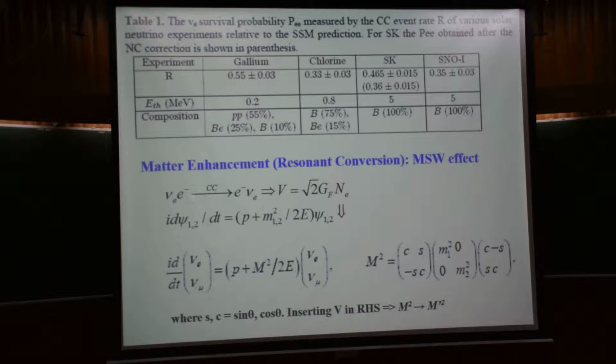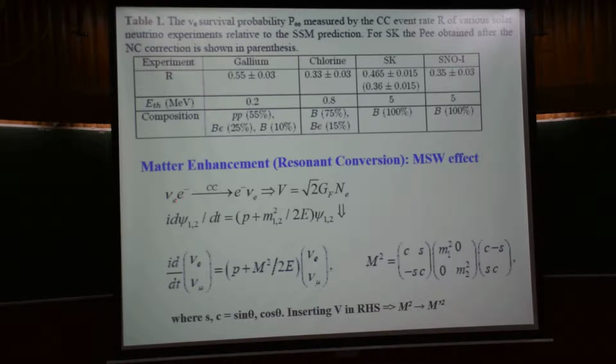For that, we have to discuss the matter enhancement of the solar neutrino solution, the so-called resonant conversion or MSW effect, after its authors Mikheyev, Smirnov and Wolfenstein. You see, the sun has a very high density of electrons.